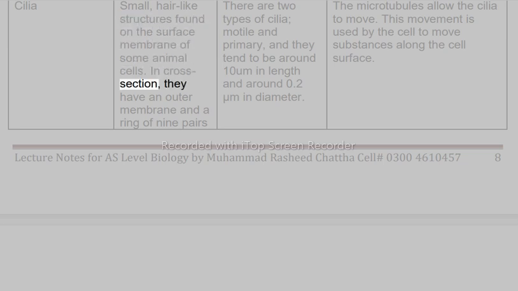In cross-section, they have an outer membrane and a ring of 9 pairs. There are 2 types of cilia, motile and primary, and they tend to be around 10 micrometers in length and around 0.2 micrometers in diameter. The microtubules allow the cilia to move. This movement is used by the cell to move substances along the cell surface.